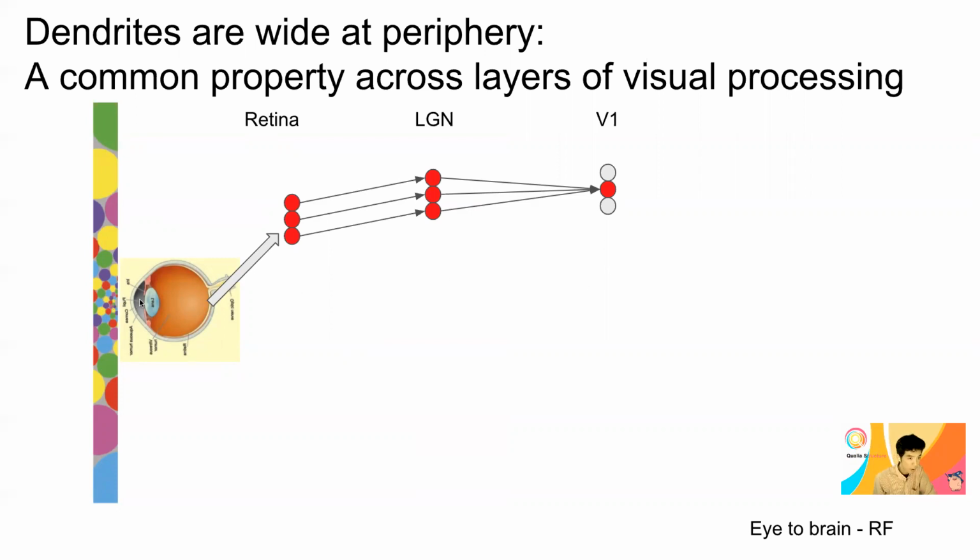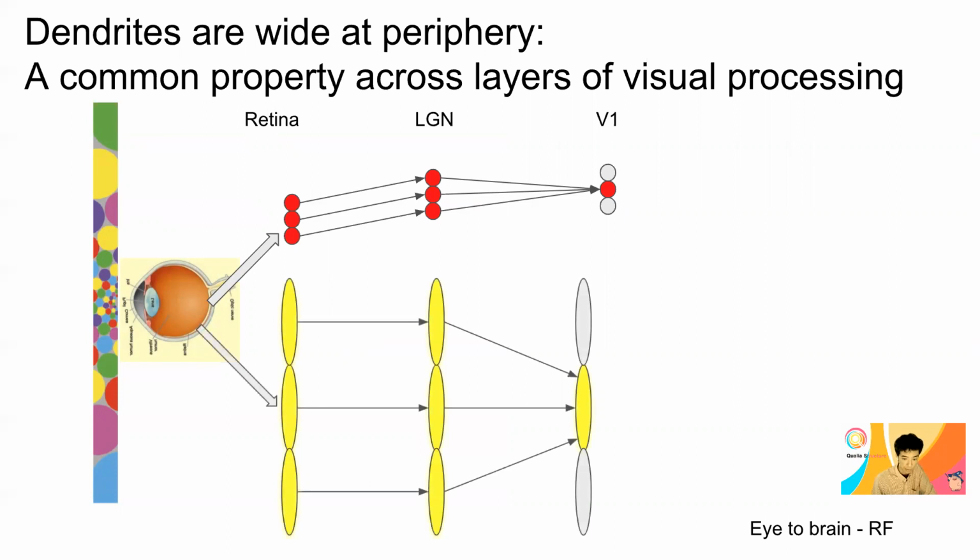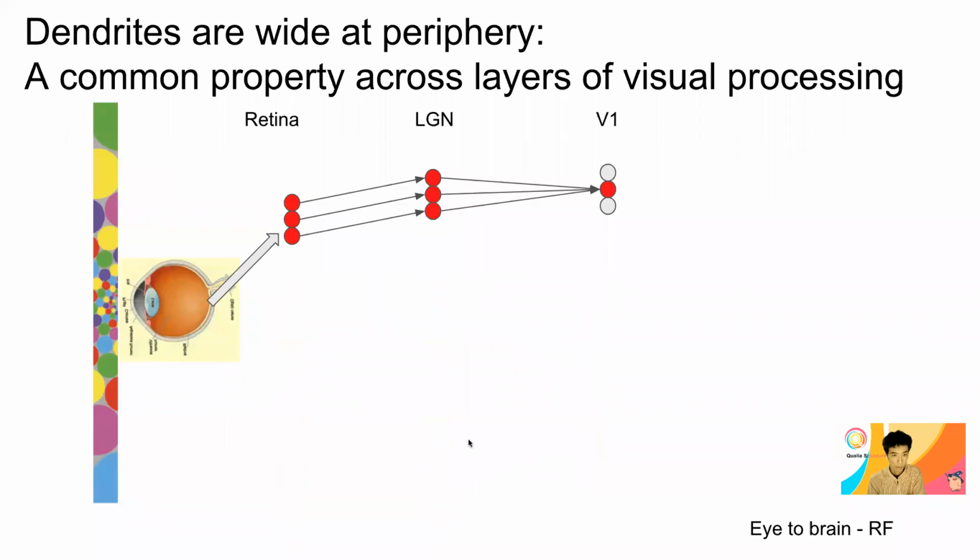So all these small stimuli that are around the fovea project to here. And then all these retinal ganglion cells have a very small receptive field, sort of a defense area, right?